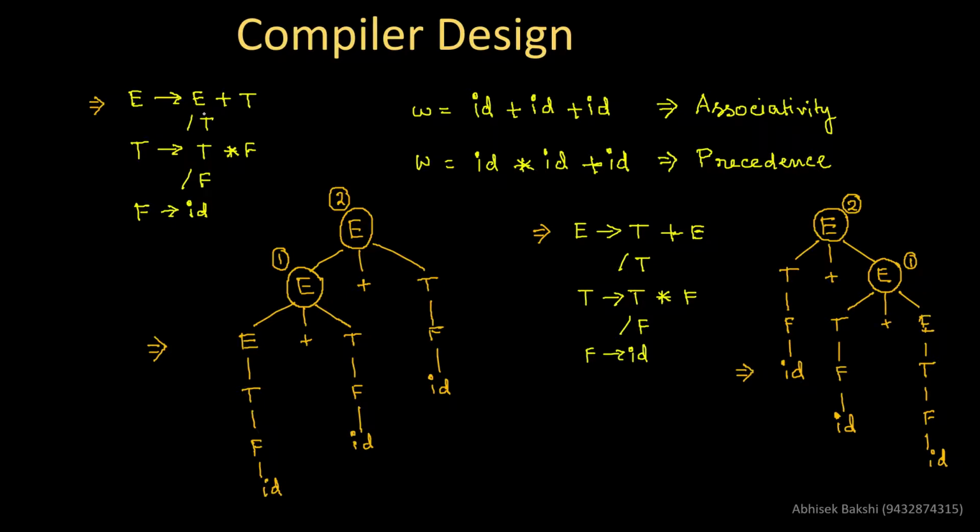You see that since E is present in the left hand side, the LHS of the production rule is present in the right side as the leftmost character, right? And if it is so, it becomes left associative. And this is what is right associative.